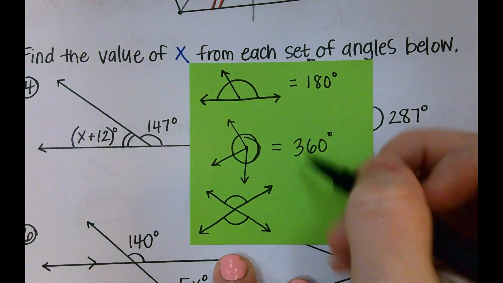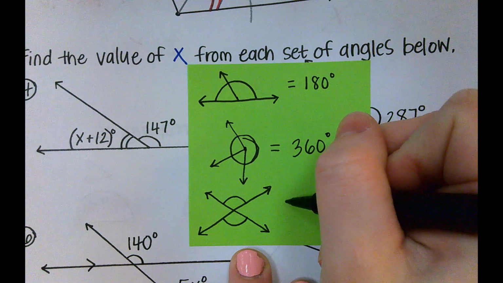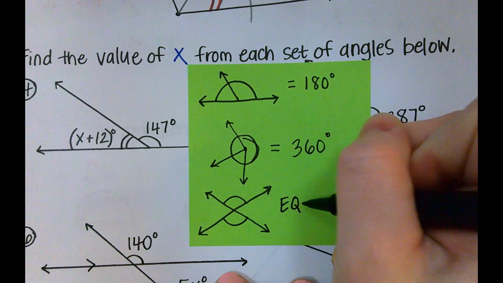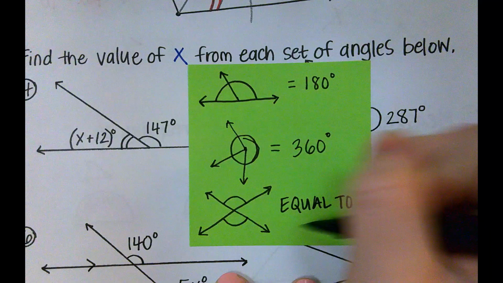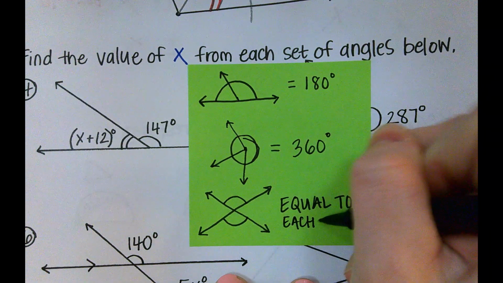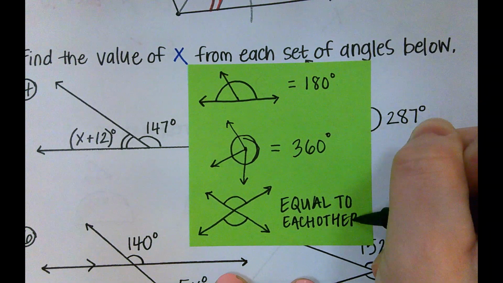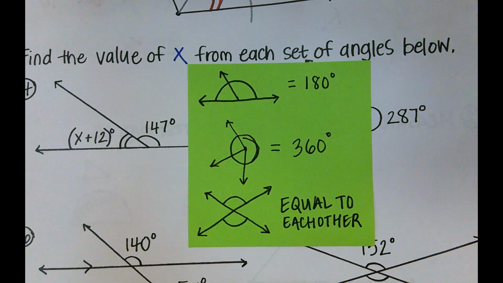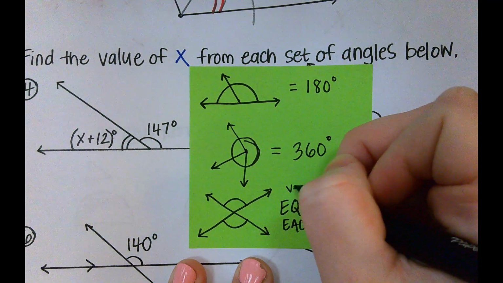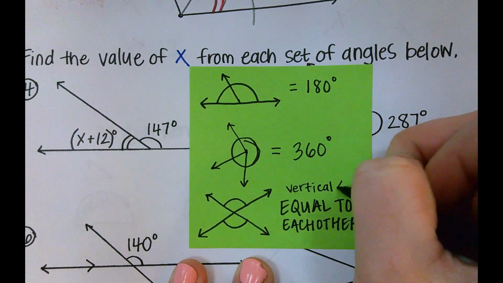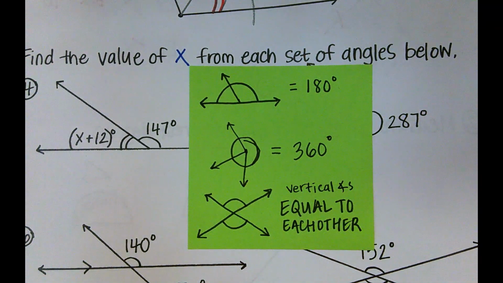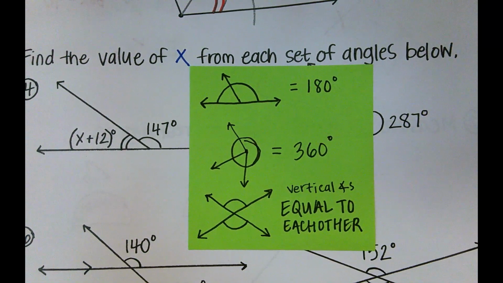So I'm not going to write equals a number, I'm just going to say equal to each other. Those are what you call vertical angles. Yes, vertical angles. Thank you, Diane. Perfect.